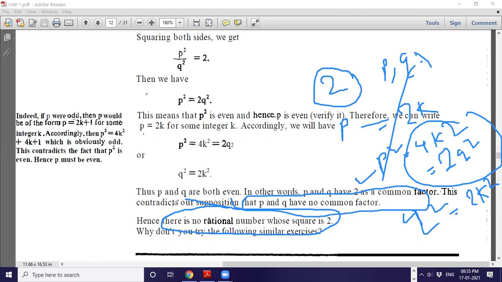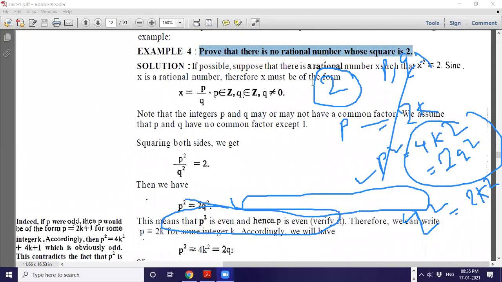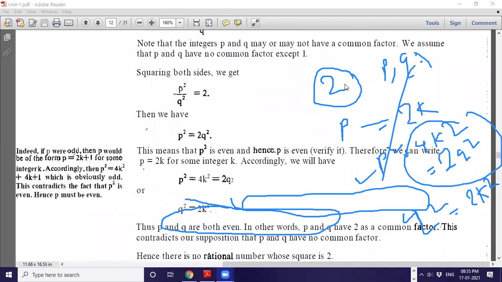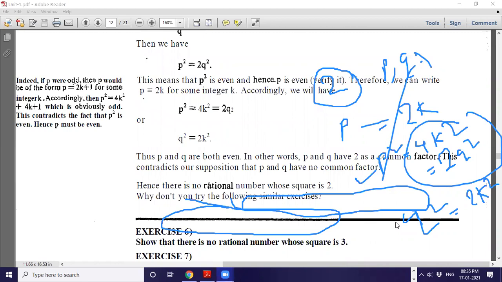So this proves that there is no rational number whose square is 2. Right.